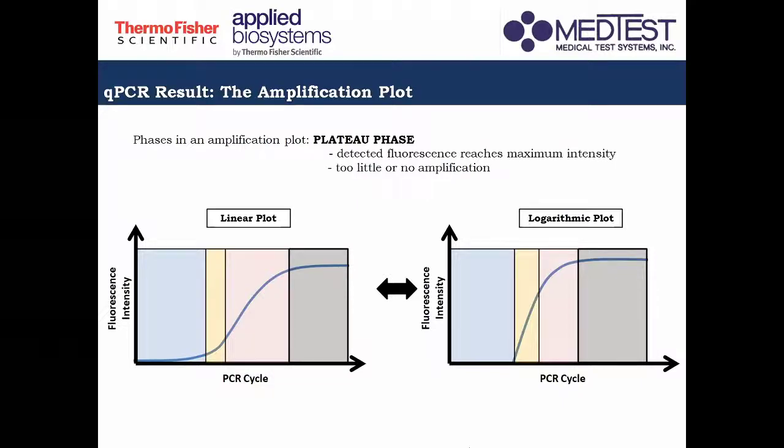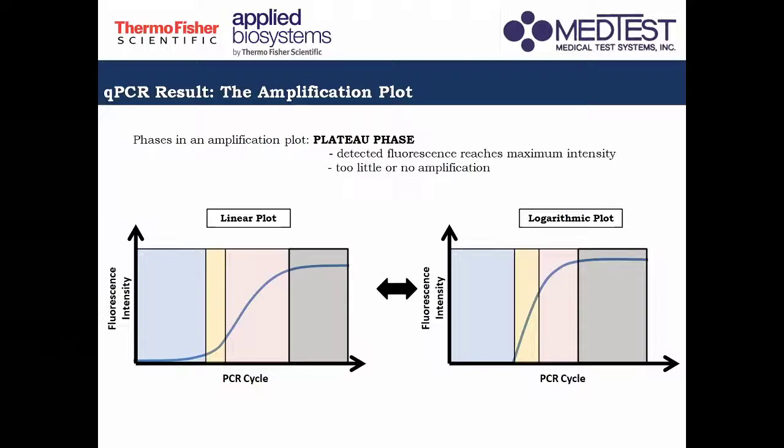So this is depicted in your plot as a line that is parallel to your PCR cycle or the horizontal line. So nag-horizontal na siya. Ibig sabihin wala nang amplification or konti na lang yung amplification na nangyayari. So at this step, patapos na yung PCR run nyo.